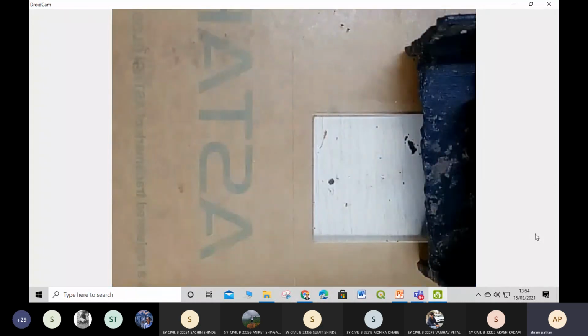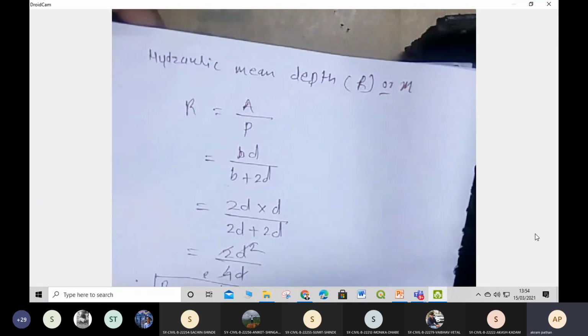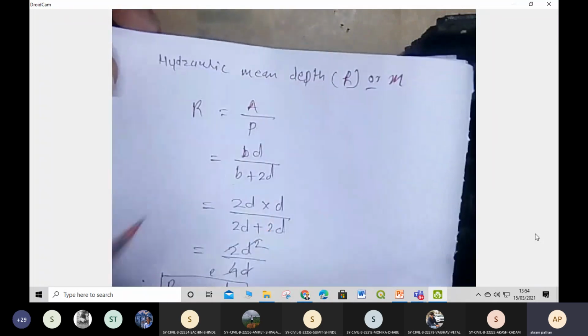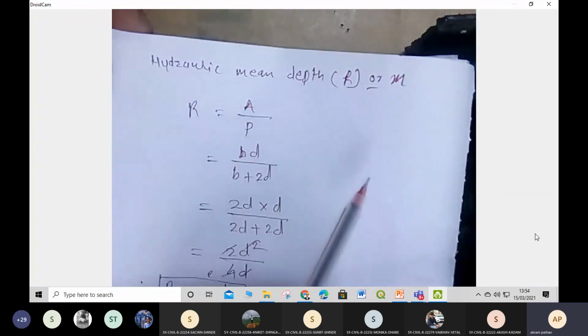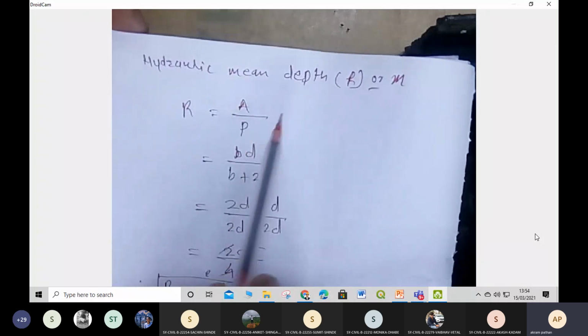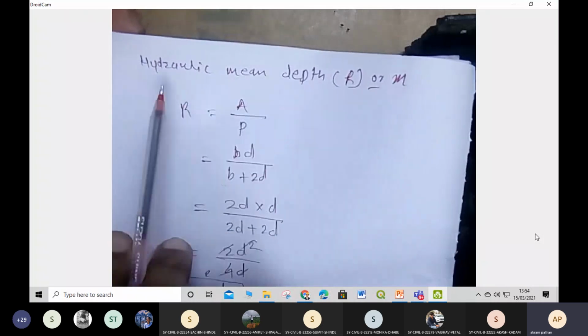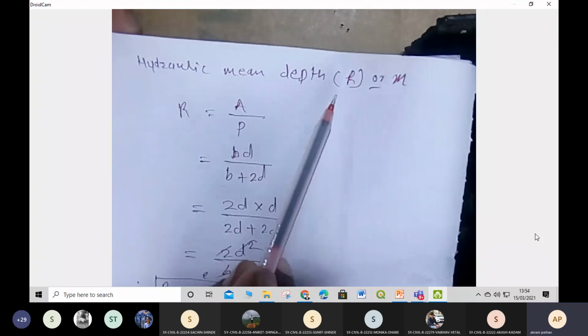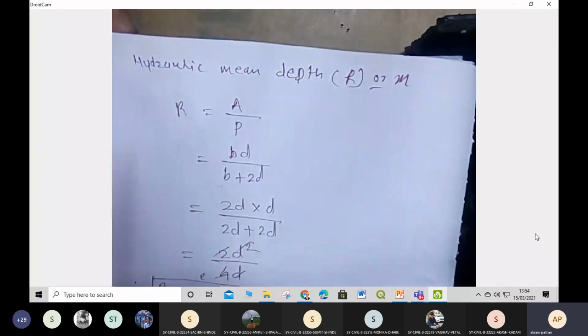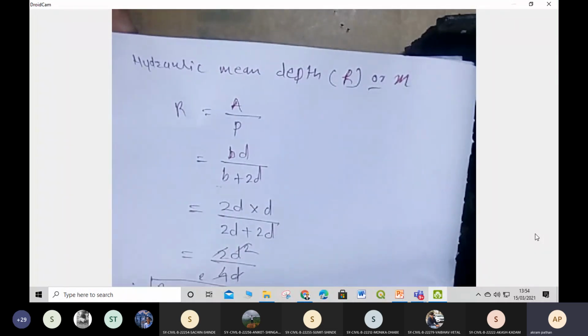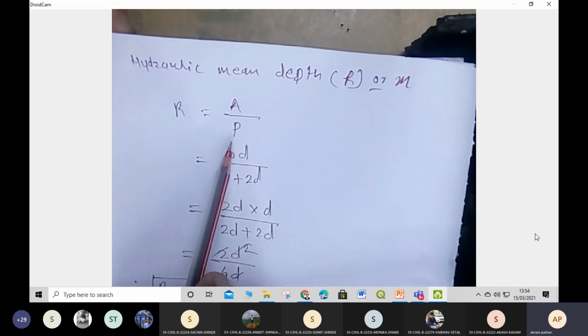Then what is the next condition? The next condition is hydraulic mean depth, which is represented by the letter R or M. Hydraulic mean depth is the ratio of area to the perimeter.